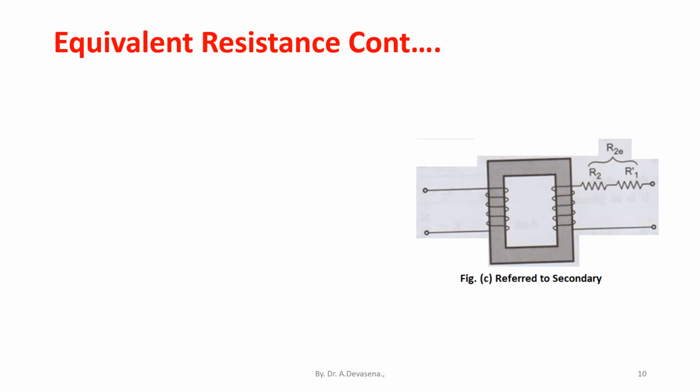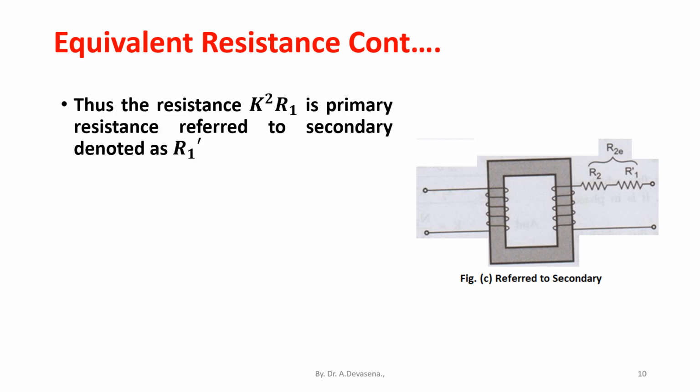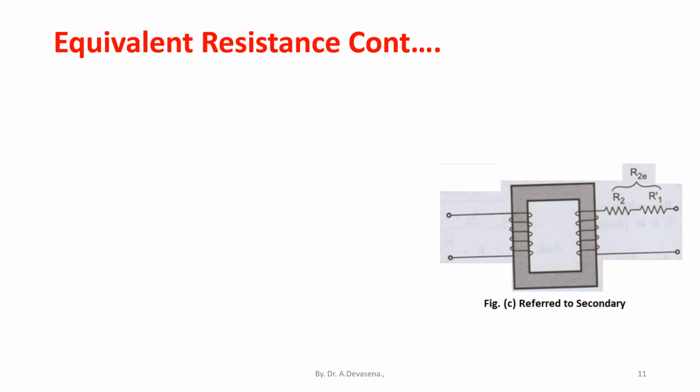Thus, the resistance K square R1 is the primary resistance referred to secondary, denoted as R1 dash. Therefore, R1 dash is equal to K square R1. Consider this as equation 8. Hence, the total resistance referred to secondary is the addition of R2 and R1 dash, called the equivalent resistance of the transformer referred to secondary and denoted as R2E.